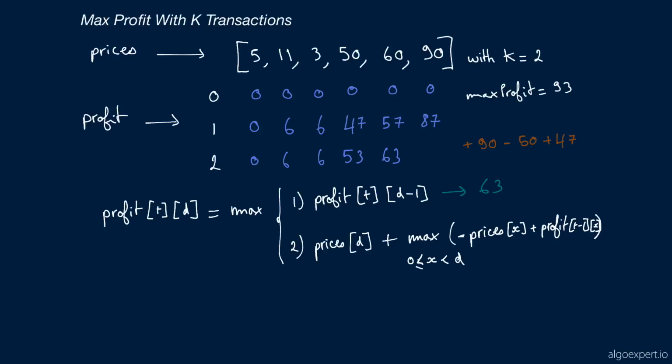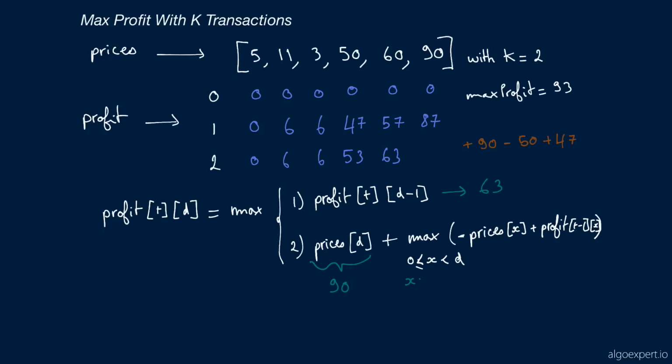Possibility number 2, here, we're going to have prices of D, which is $90. So let's write it here. 90. And then we have the maximum of this stuff, where X is between 0 and D, with 0 inclusive. So let's write it out.